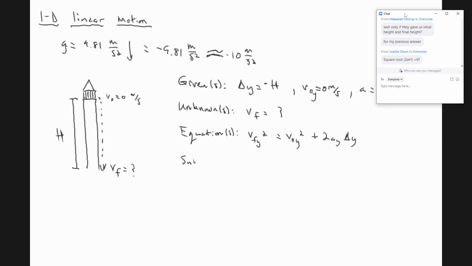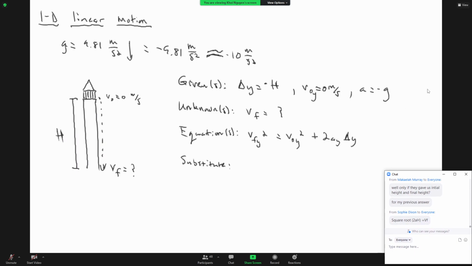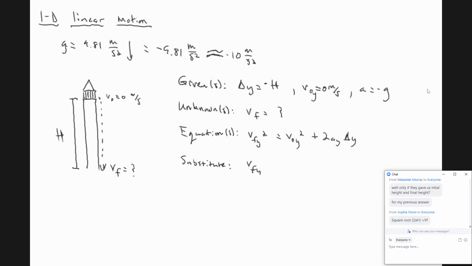Then we substitute. V final y is what we're looking for. The initial y is 0 plus 2 times negative g times negative h, right? Then we solve. V final y is the square root of 2gh, right?